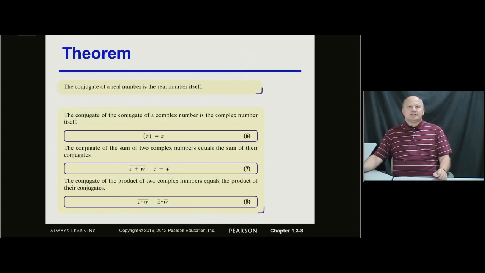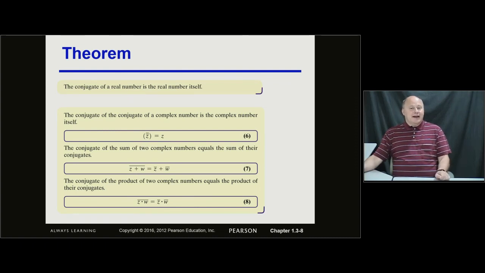All right? So let's look at the next theorem here. The conjugate of a real number is the real number itself. So for example, if you have the number 9, the conjugate of 9 is still 9. And you're like, wait a minute, I thought that was negative 9. No, that would be the opposite of 9. Now you're like, what do you mean with the conjugate of a real number? Well, there is no bi.